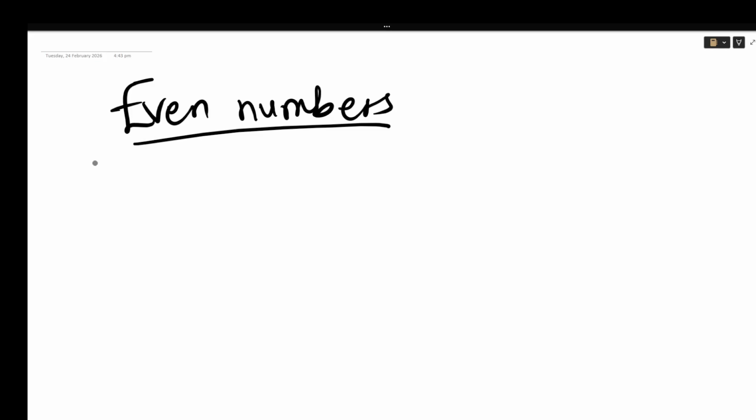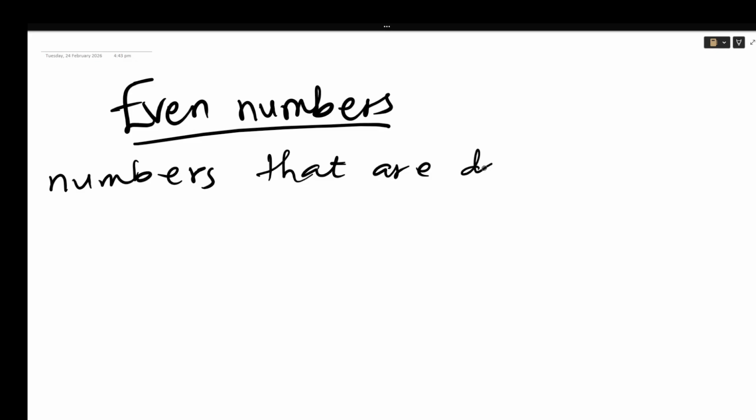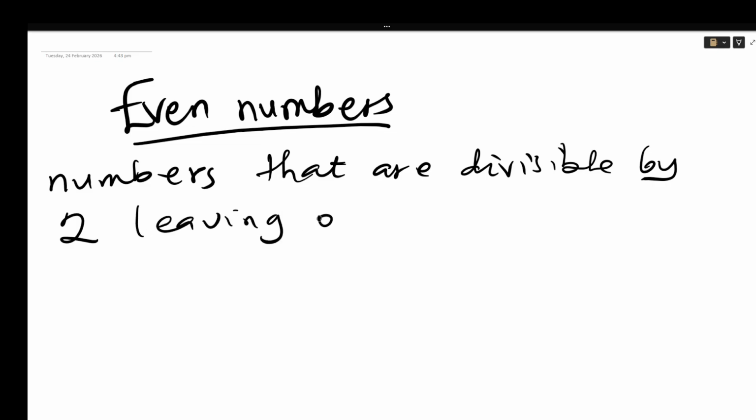There is no remainder. So numbers that are divisible by 2, leaving no remainder.